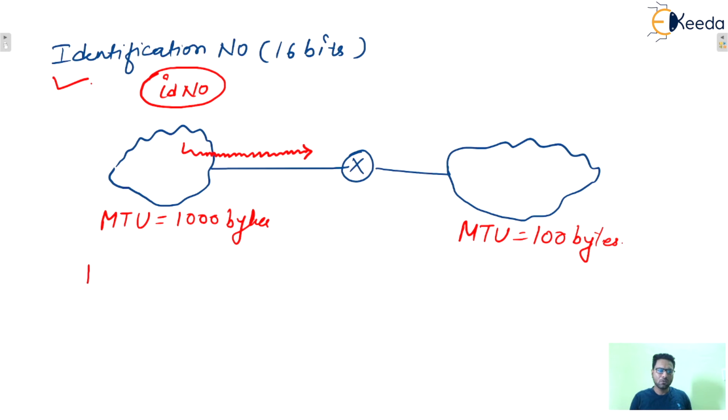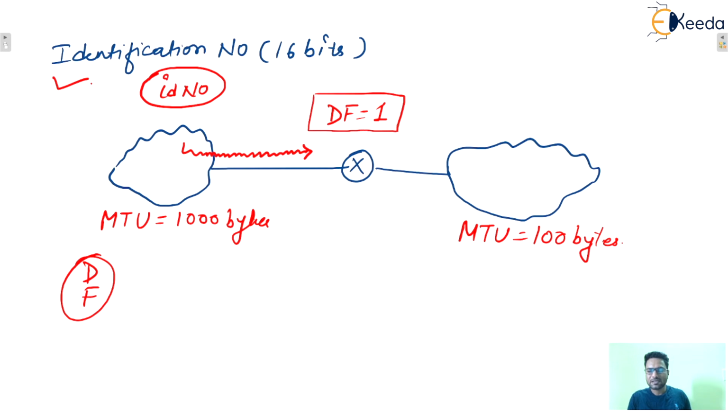Next one is do not fragment, DF. This is 1 bit, and it will be inside the header of the datagram. If DF equals 1, that means this is the user setting or sender's setting.